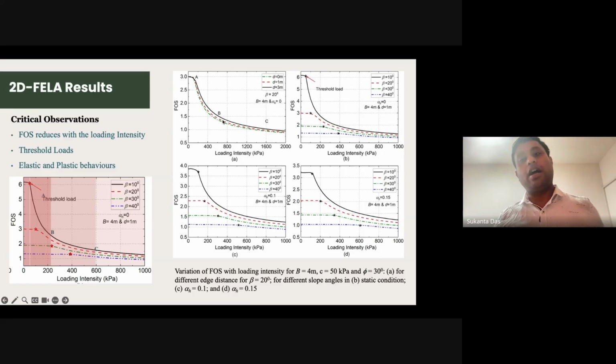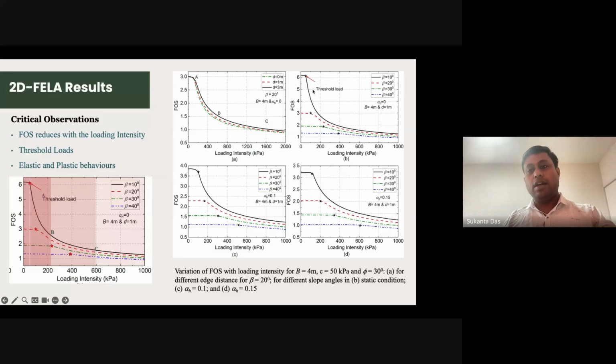As per IS BIS 1904, they recommend about 1 meter distance for different types of soil. But it is not simply 1 meter or 1.5 meter; rather, it depends on the slope angle. If you change the slope angle to 30 degree, it is going to change. So this correlation strictly depends on slope angle. But yes, you should have sufficient edge distance to make your building safe in hilly terrain.